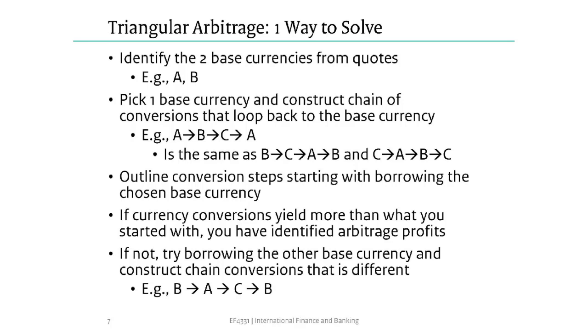Look at the base currencies, borrow the base currencies, and check the sequence. Here I checked from USD to Euro. The second bullet point here, I checked from USD to British pounds. Different sequence, starting with different currencies, but it doesn't matter which currency you start on the triangle, you'll get the same conclusion.